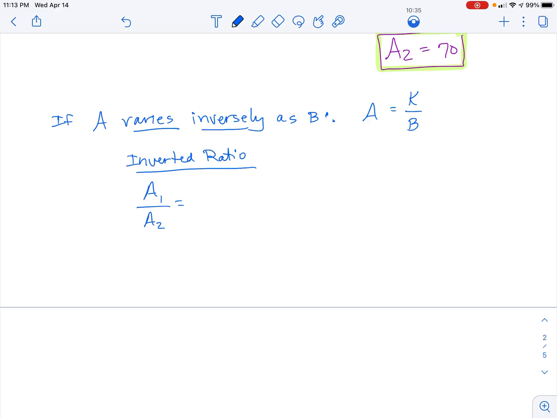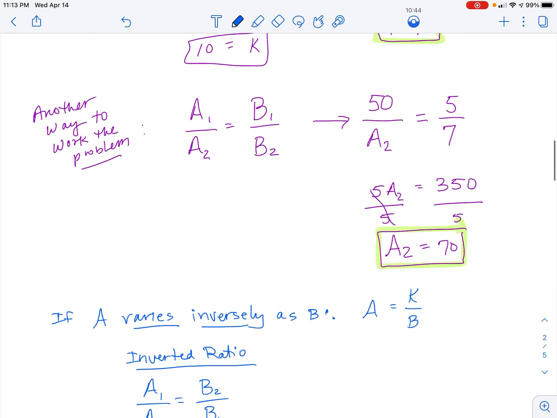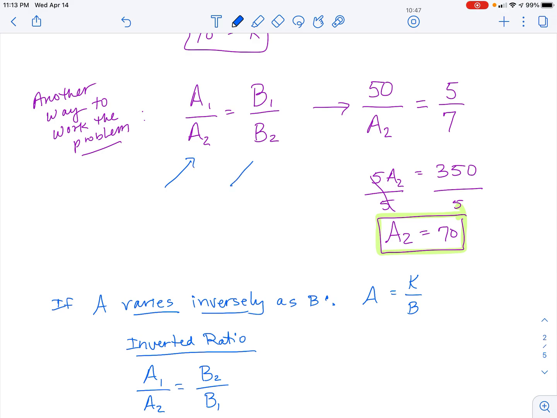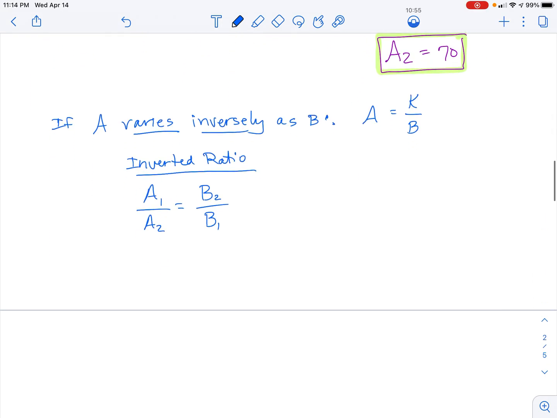But here's where we're going to do our flip. We're going to do an inverted ratio. So instead of B1 over B2 here, it's going to be B2 over B1, which is opposite of what we had right up here. Okay, so it flips. It's the inverse of that original one.